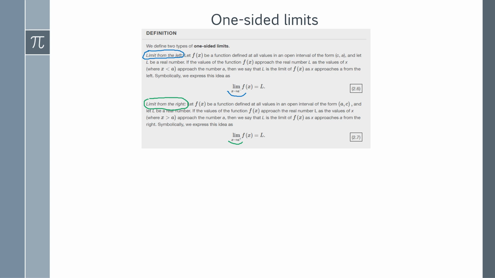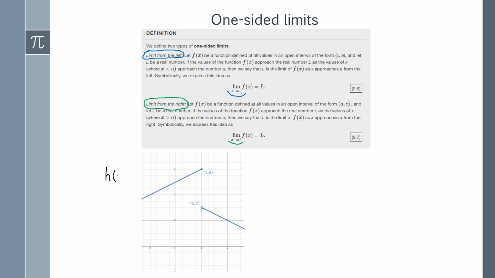And now let's take a look at our example that we've discussed at the beginning of the lecture. If you recall, we named this function h. And we said that as x approaches 2 from the left, our function h goes to 6.